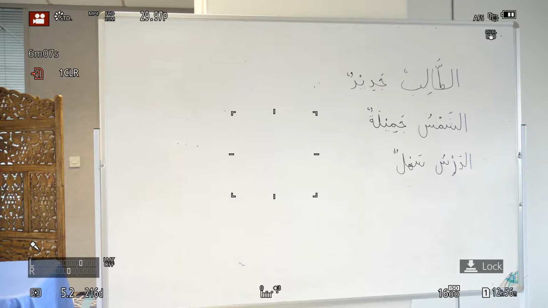So laysat ash-shamsu jamilatan or laysat ash-shamsu bi jamilatin. Good. Ad-darsu sahlun, the lesson is easy. Now we want to say the lesson isn't easy. How do we say that? Laysa ad-darsu sahlan or laysa ad-darsu bi sahlin. That's two ways you can say it.